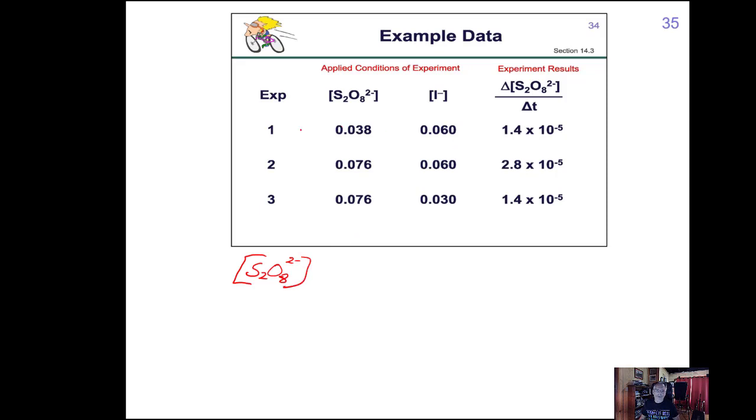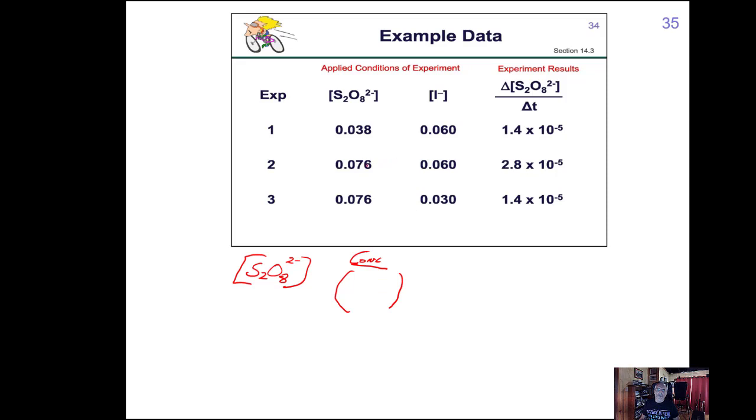And the reason we're going to use experiment 1 and 2 is because iodide concentration is the same for experiment 1 and 2. And here's the feature that we want to pay attention to. So this is going to be the concentration change for our reactant, peroxydisulfate.